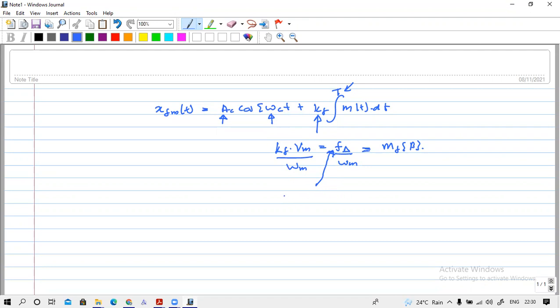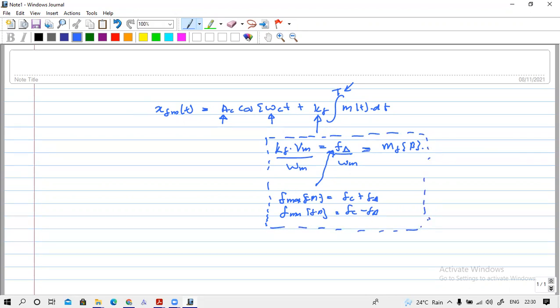The maximum frequency for the FM modulated signal is F_C plus F_delta, and the minimum modulated frequency is F_C minus F_delta. These are the relationships between frequency sensitivity, frequency deviation, and modulation index. You have to remember this.